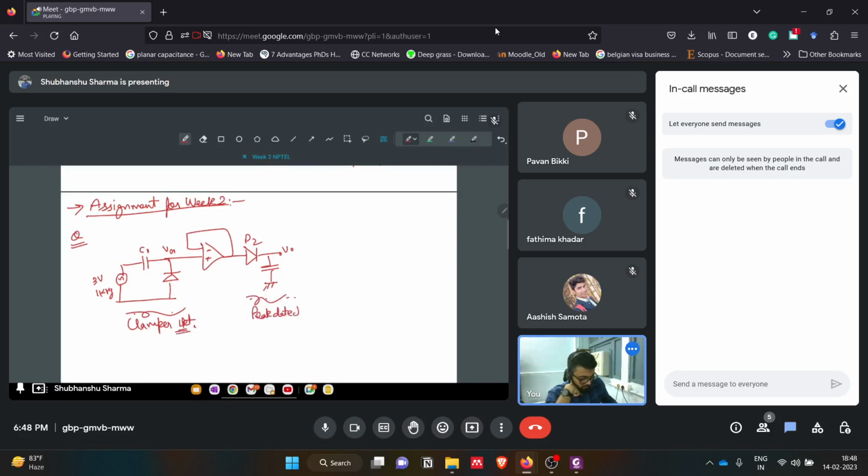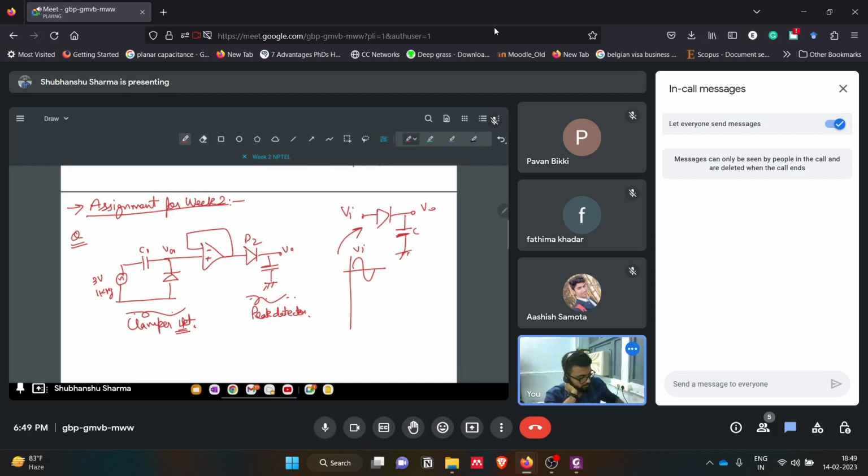I'll just give you hints. If we analyze this circuit separately, how does this peak detector work? If we give a sinusoidal input to this diode, in the positive cycle it will be short, and this capacitance will start charging. So the output will look like this. Let me show you.